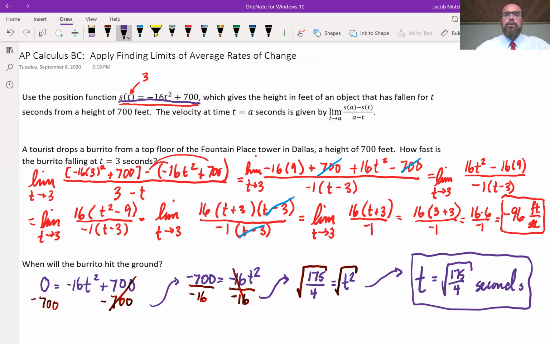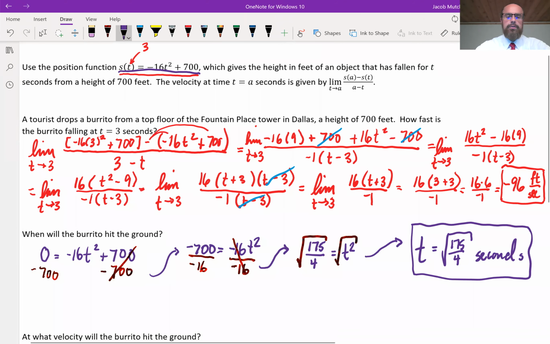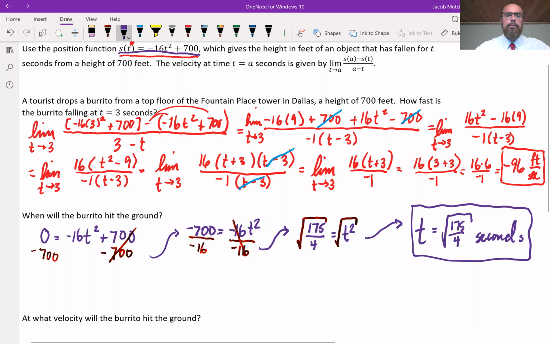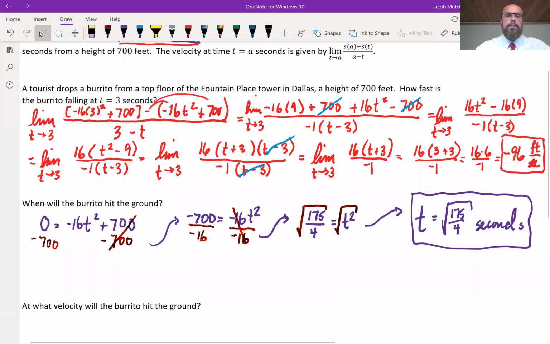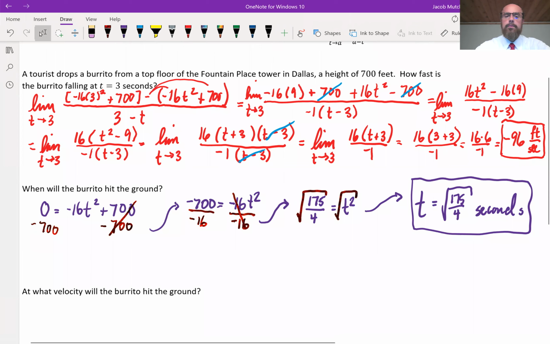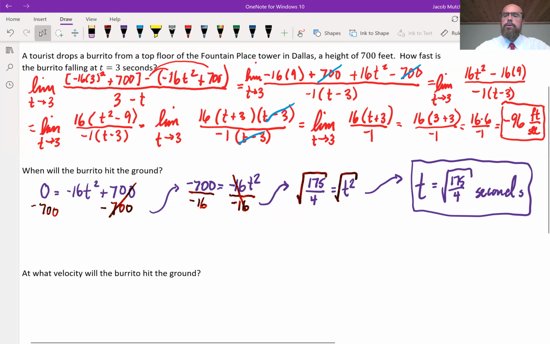Now, we're going to need to use that for our next question. So the next question is similar to what we just looked at with the time approaching 3 seconds. But now the question is, at what velocity will the burrito hit the ground? So we've got to write the limit again, but we're going to use this expression for time, the square root of 175 over 4, instead of 3.